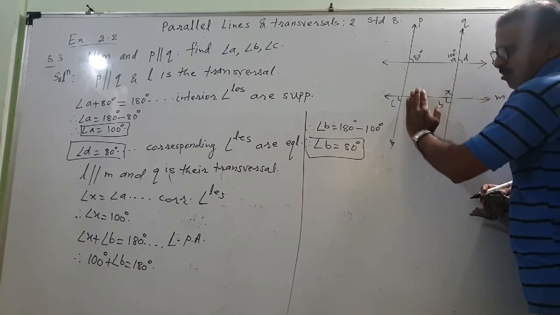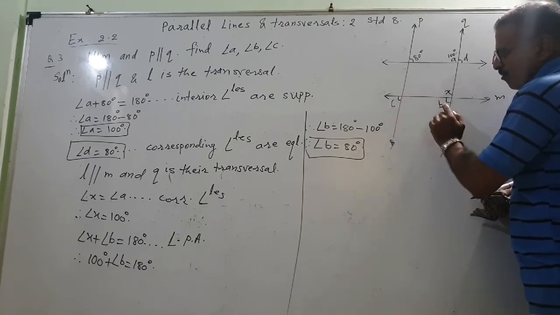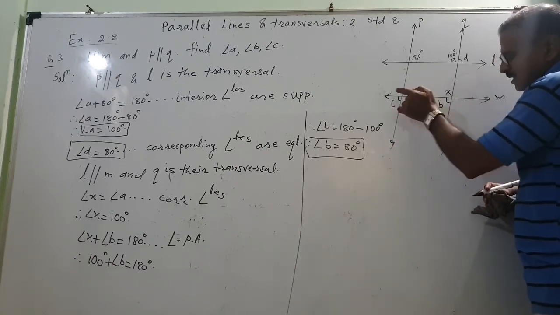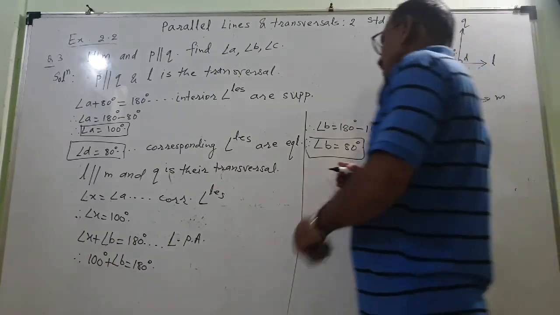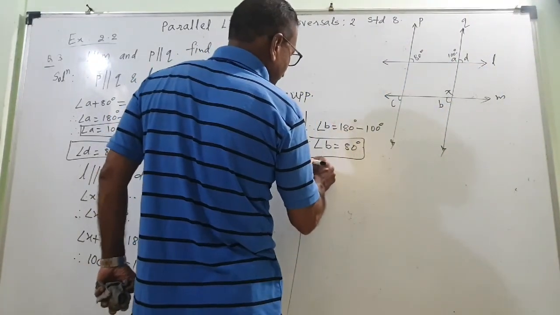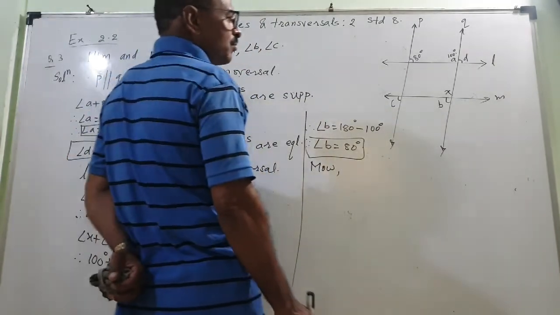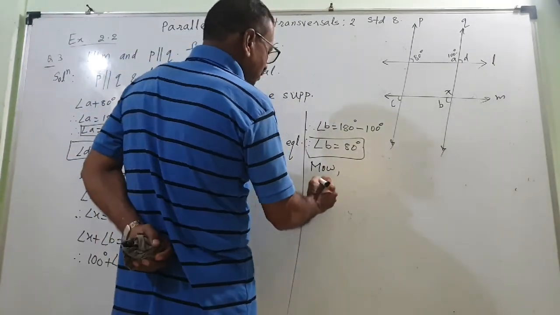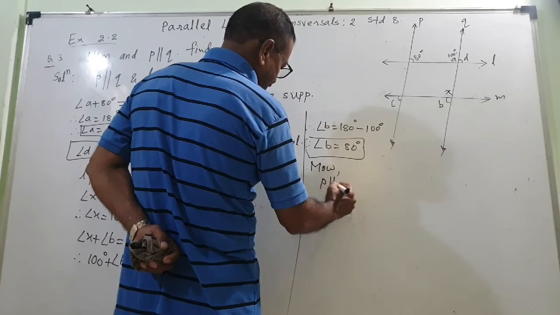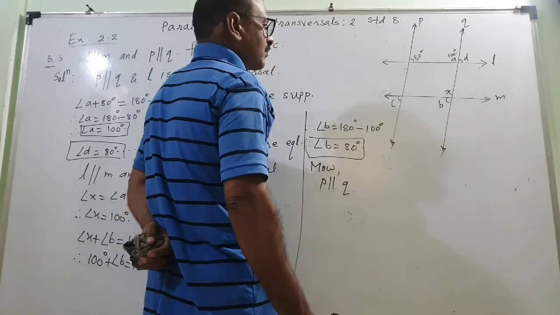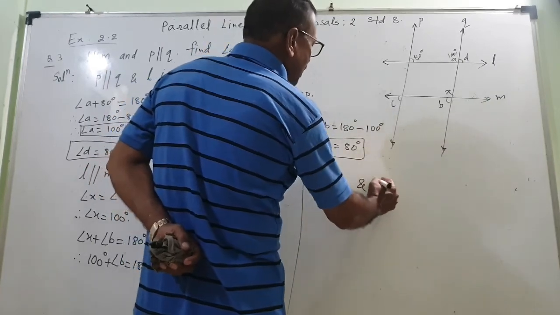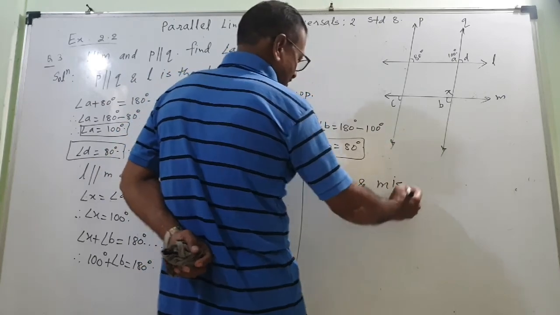For this line it is above, for this line it is above, and this is the transversal. Now what? Which are the parallel lines? P parallel Q. And which is the transversal? M is the transversal.